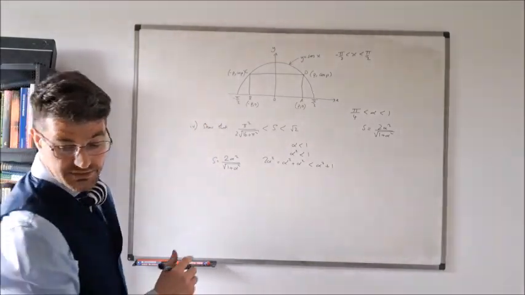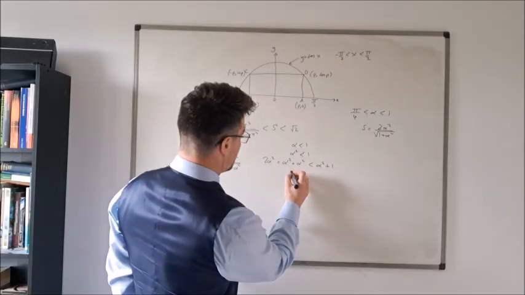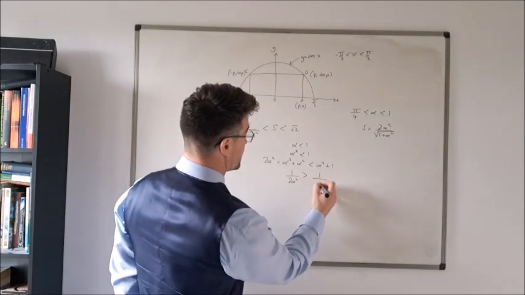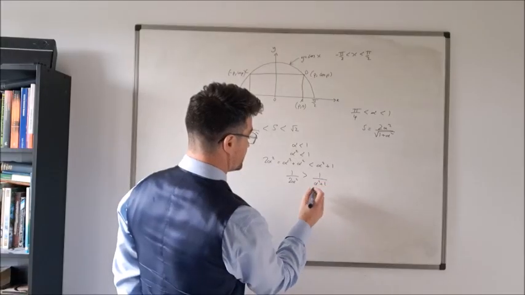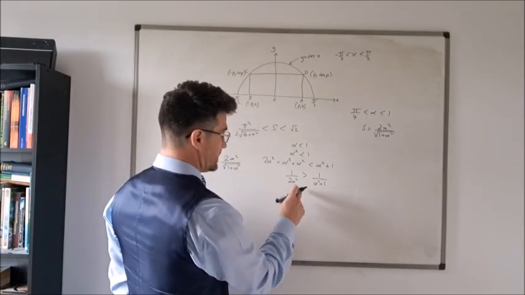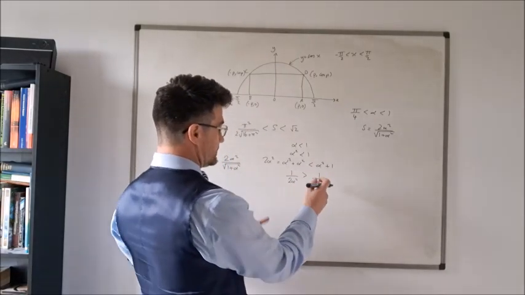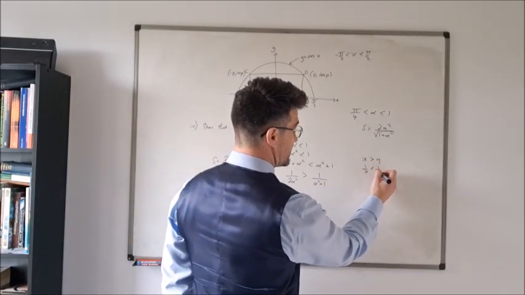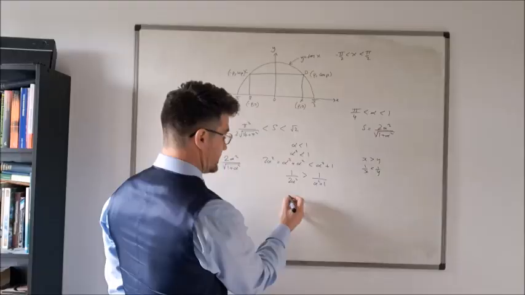Okay, so therefore 1 over 2 alpha squared is going to be greater than 1 over alpha squared plus 1. Remember, if x is greater than y, then 1 over x is going to be less than 1 over y. I've got to flip the inequality.